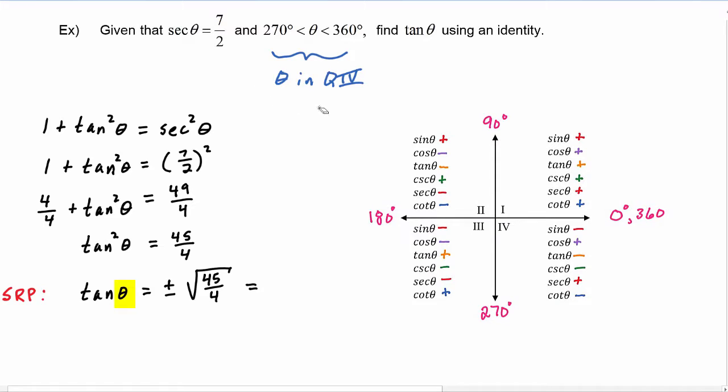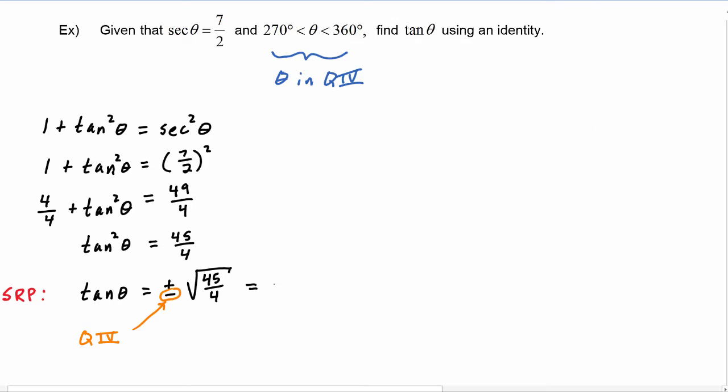And we noticed earlier that theta is in quadrant 4, and we know that in quadrant 4 the tangent has to be negative. So moving forward here, we're going to keep the negative.